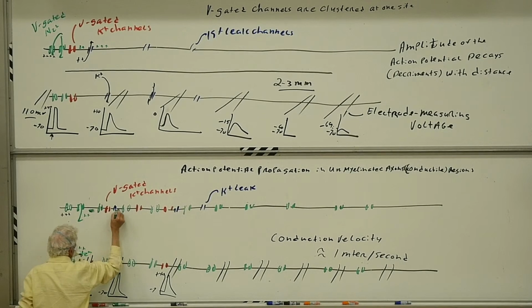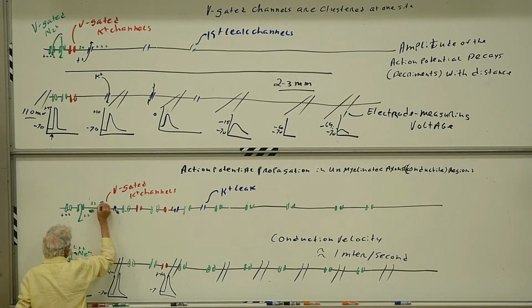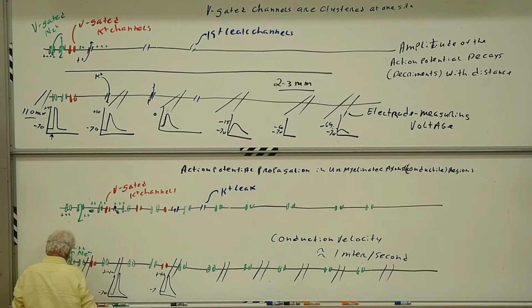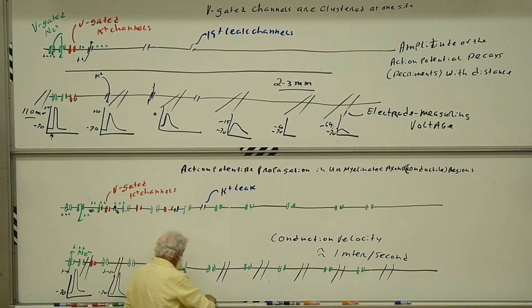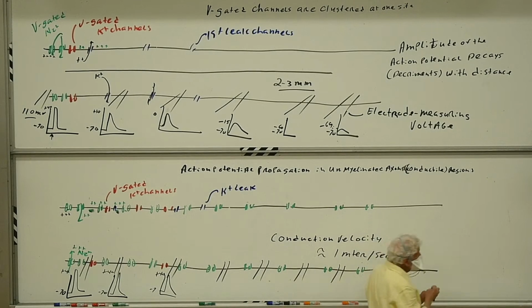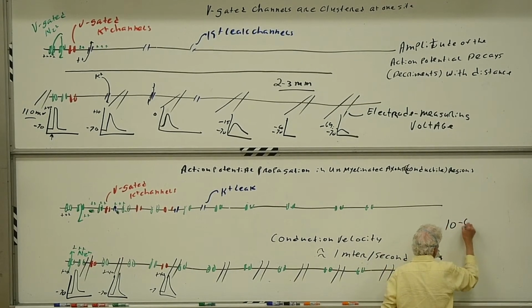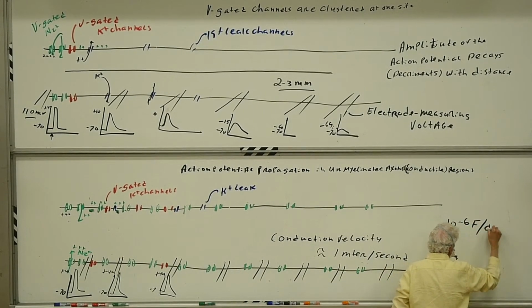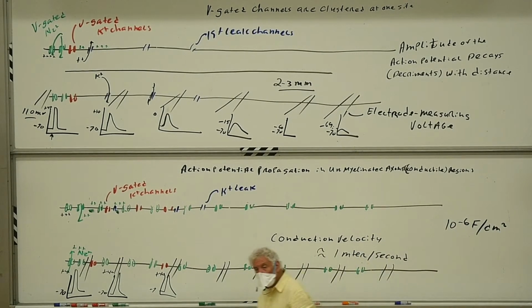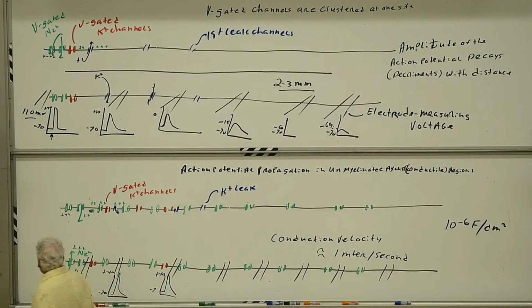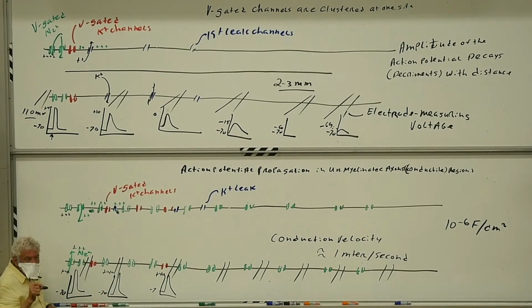Negative charges on the inside and positive charges on the outside. It's because it's a great capacitor. To give it a number, for those of you who are in engineering, the capacitance of membranes is 10 to the minus 6th farads per centimeter squared. That's a pretty good capacitor. We can store a lot of charge across the membrane. But the storage of the charge isn't the problem.